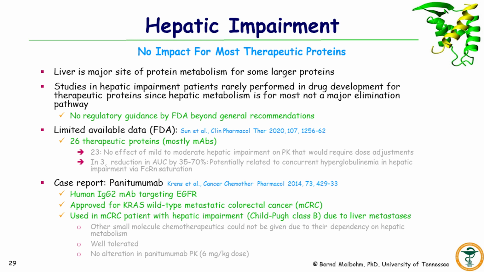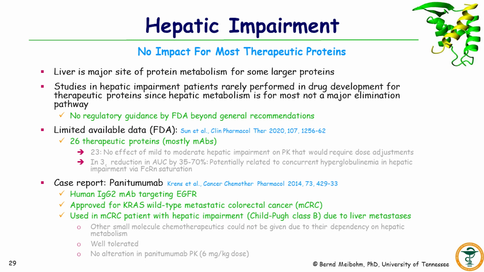However, there were a few exceptions. In 3 of them, there was actually a reduction in the systemic exposure, the AUC, by 35 to 70%. So it's basically the opposite of what you usually expect for small molecule drugs, where hepatic impairment oftentimes results in an increase in the systemic exposure. In this case, it was a decrease.